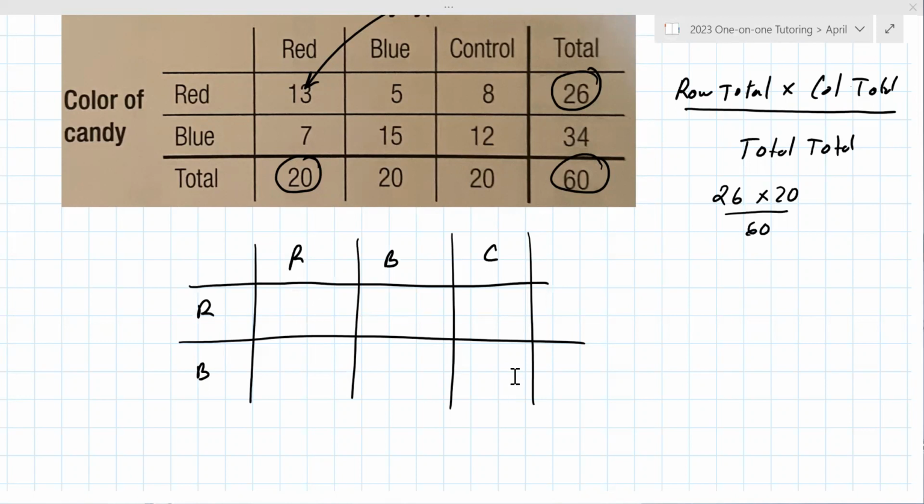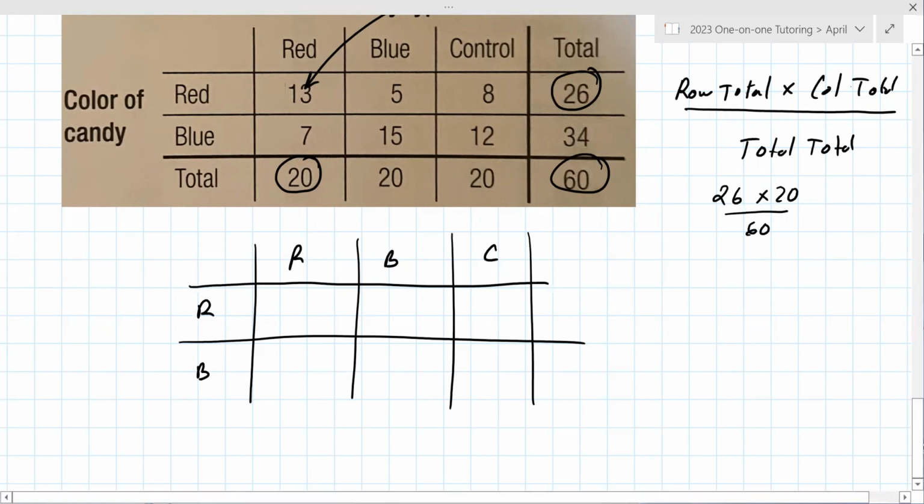Do you have some numbers here for us? Yeah, a few of them I see here. So it was 13. What's the row column?